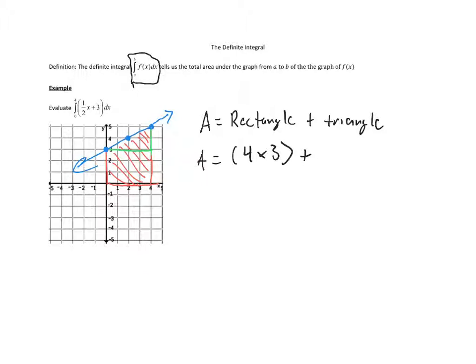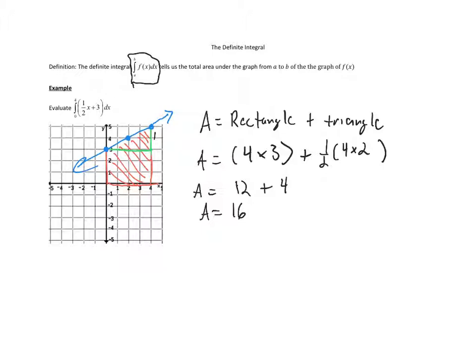The area of a triangle is 1/2 base times height. The width of that base is 4, and the height of that triangle is 2. So I'm going to say the area underneath that curve is 12 plus, 1/2 of 8 is 4.